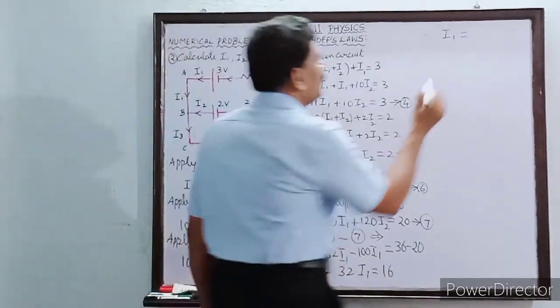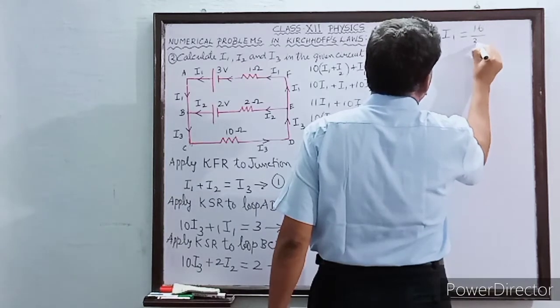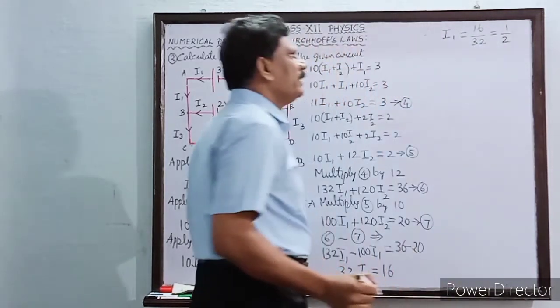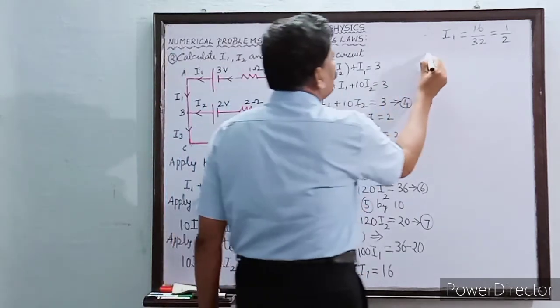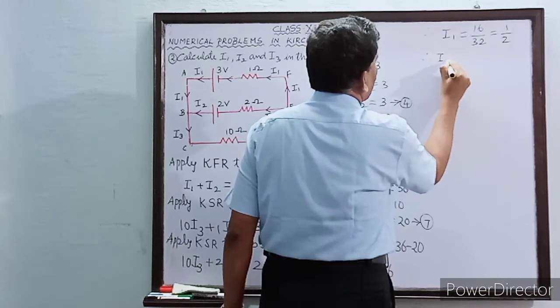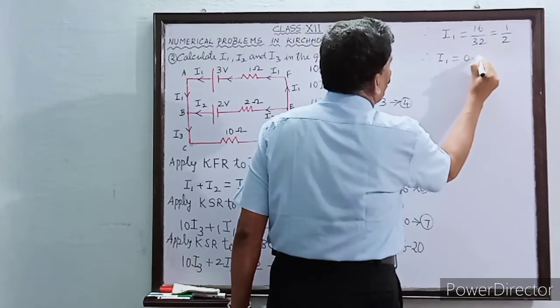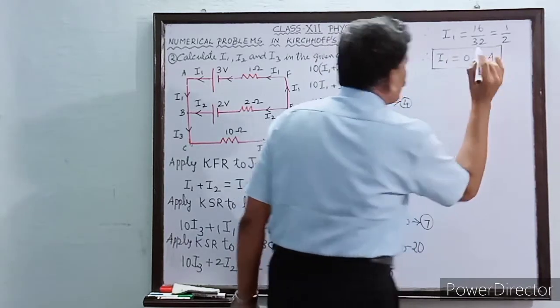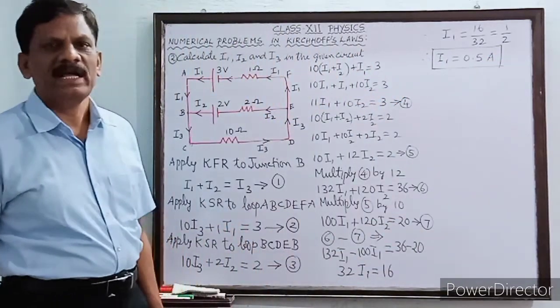That is, 16 2s are 32, therefore 1 by 2. So we get the current I1 is equal to 0.5 ampere.